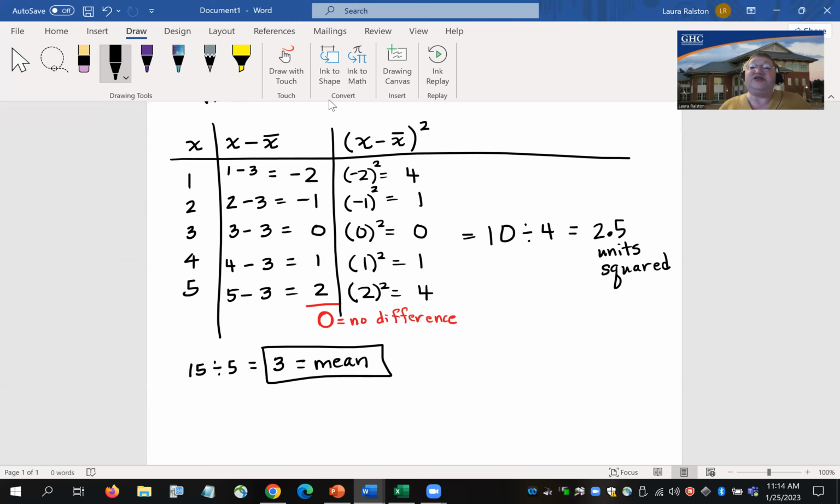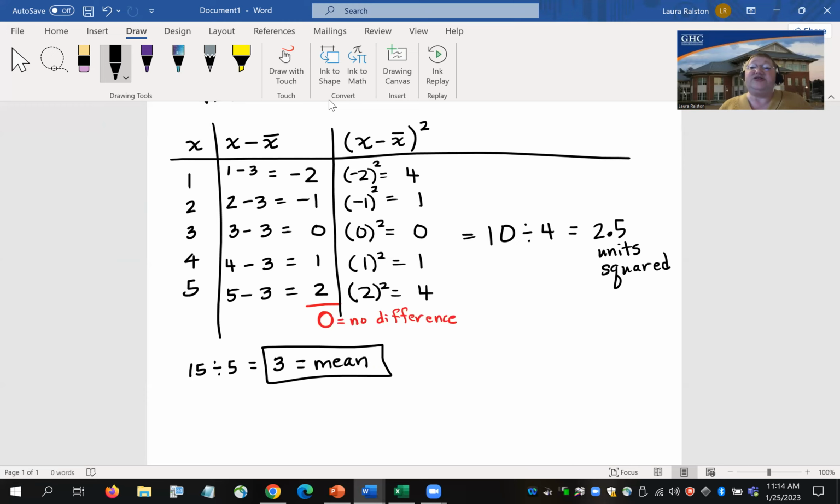Variance, one other side note that may help you when you're looking at values to maybe realize you've made a mistake, is that the value for the variance will always be positive. Again, because we introduced that squaring and we forced everything to be positive. So if for some weird reason you get a negative value, that kind of clues you in, whoops, I've made a mistake somewhere.